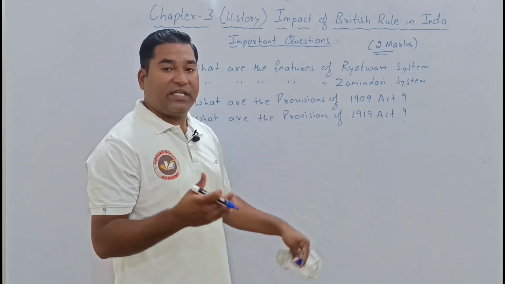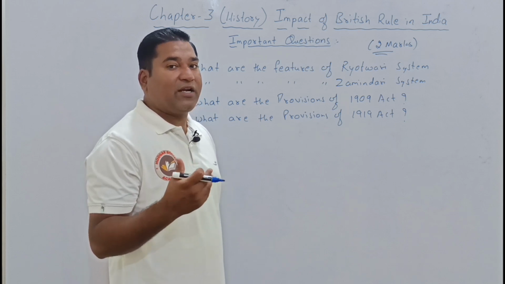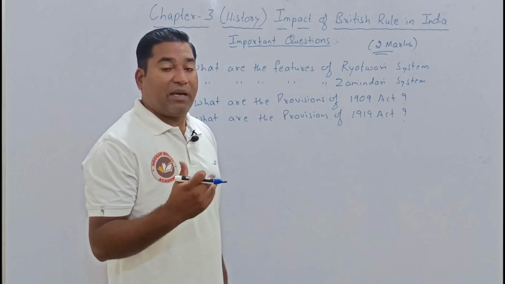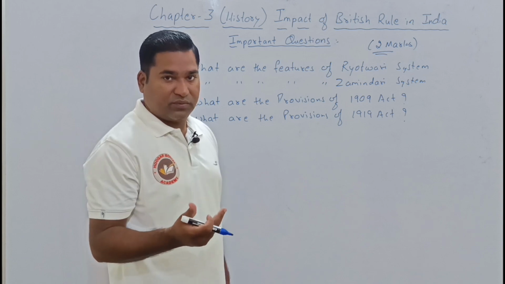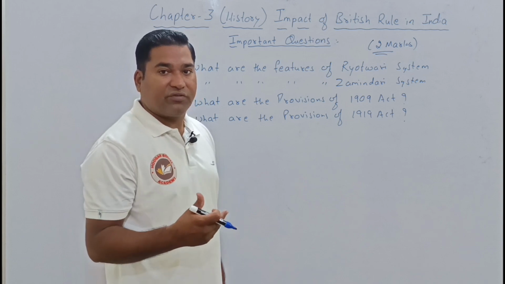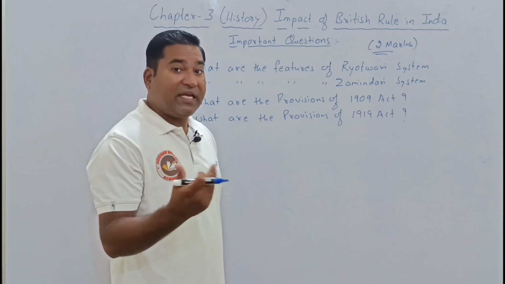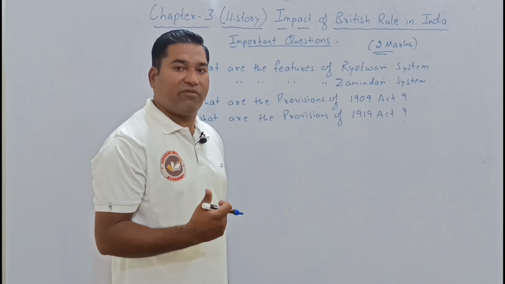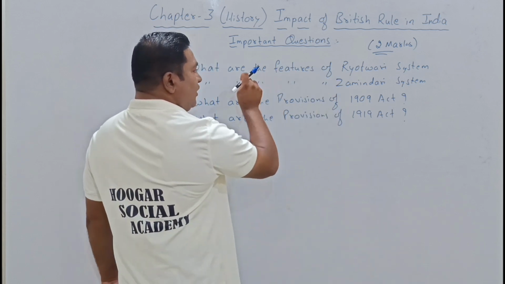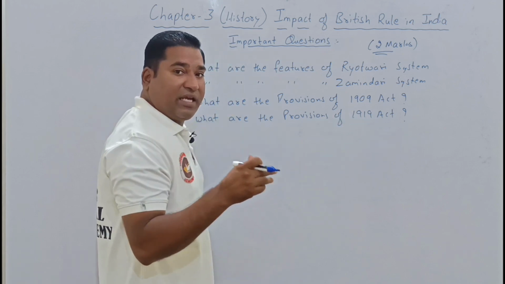These are very important because from 1909 onwards, the divide and rule policy in the form of separate electorates was brought up to break the unity of the country called India, to create disturbance among Indians in the name of Hindus and Muslims. So here the 1909 and 1919 Acts are very important.